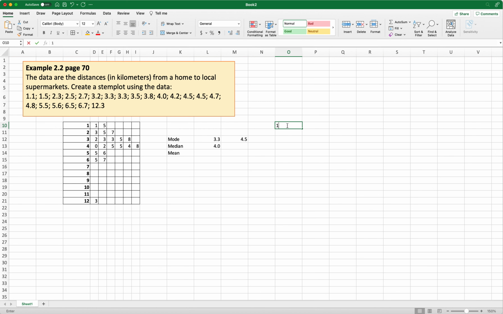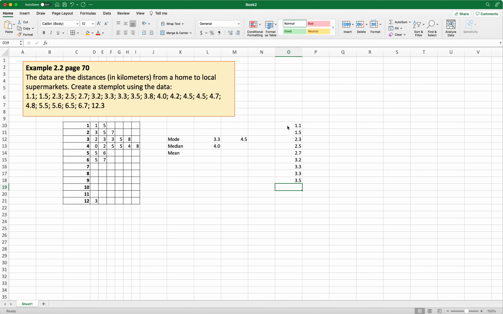So I have 1.1, 1.5, 2.3, 2.5, 2.7. I'm just saying them out loud so I don't miss any. 3.2, 3.3, 3.3, one of our 2 modes.